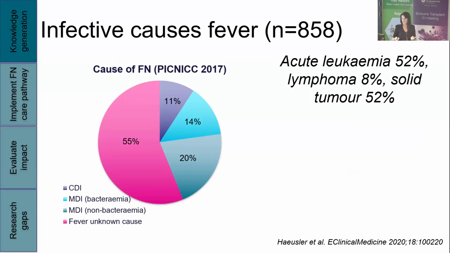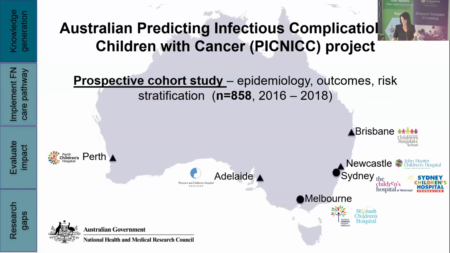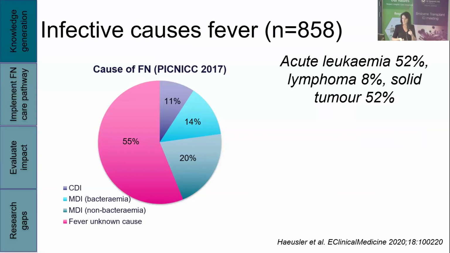And you can see that 55% of all comers, so this is solid tumour patients and leukemia patients, so about half of the patients were leukemia, and solid tumour is a bit less than that.